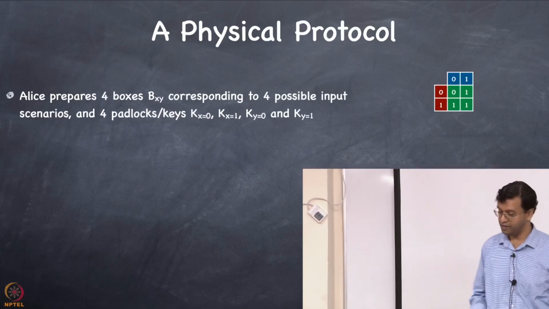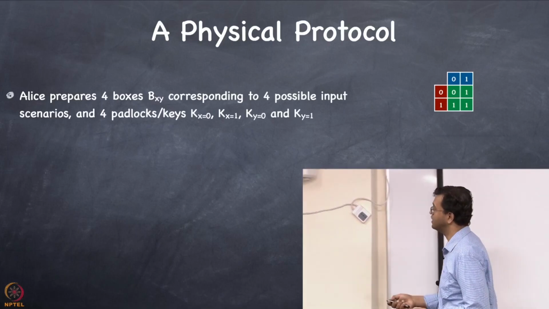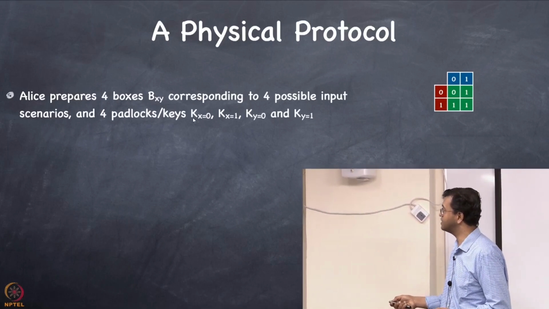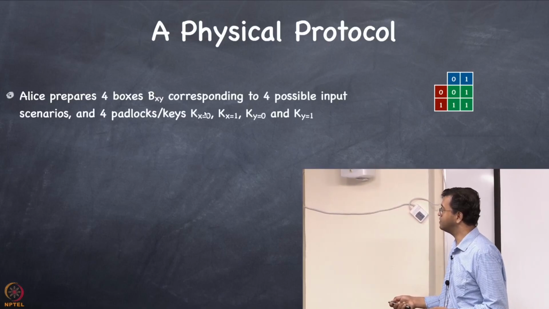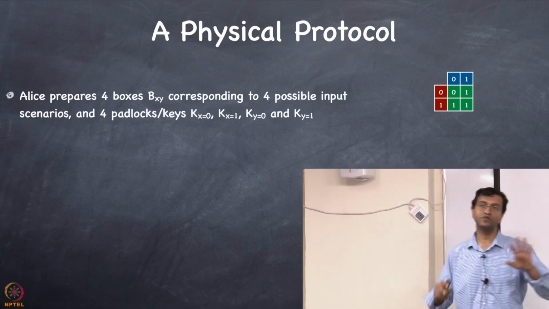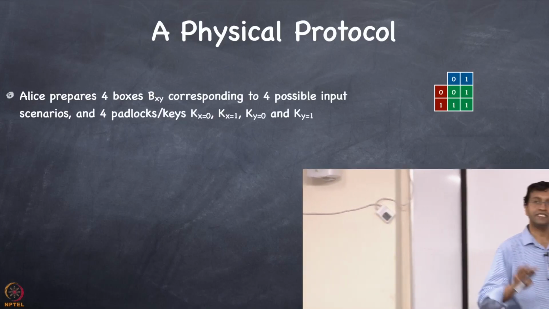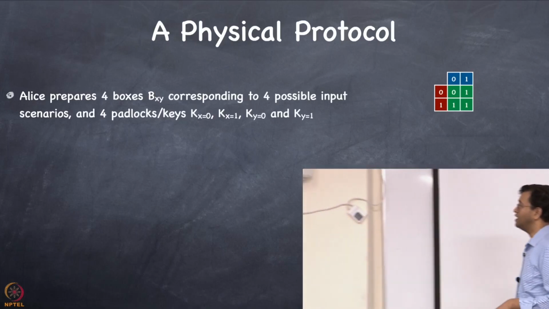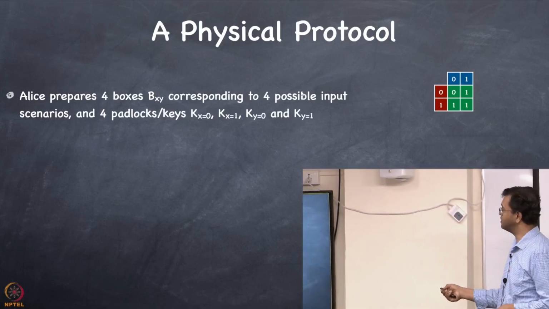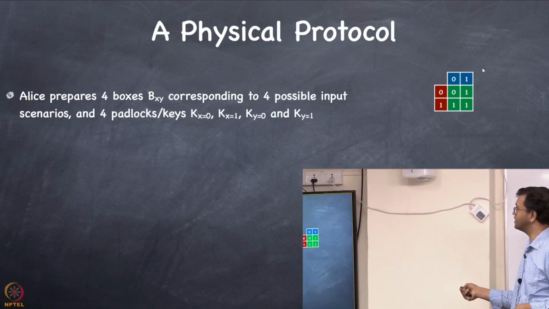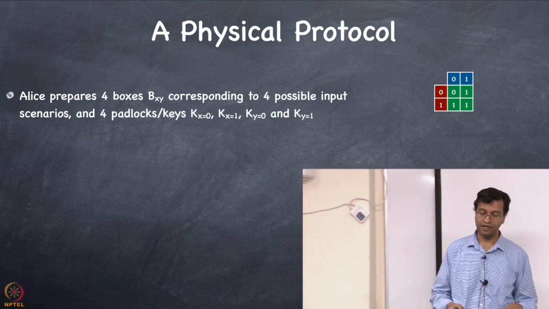So 4 keys and locks, labeled as, I'm describing the key here, K sub x equal to 0. There are 2 kinds of keys, x keys and y keys. So x is, say, the input for Alice, y is the input for Bob.